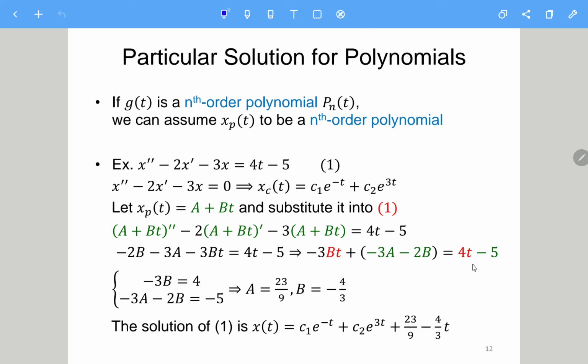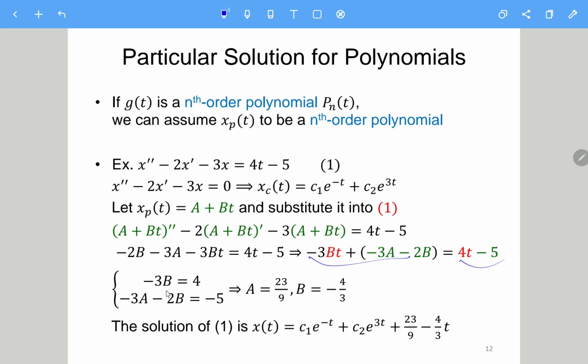Here we have two first order polynomials equal to each other, which means all the coefficients should be equal. So -3b should be 4, and the term in the parenthesis should equal -5.